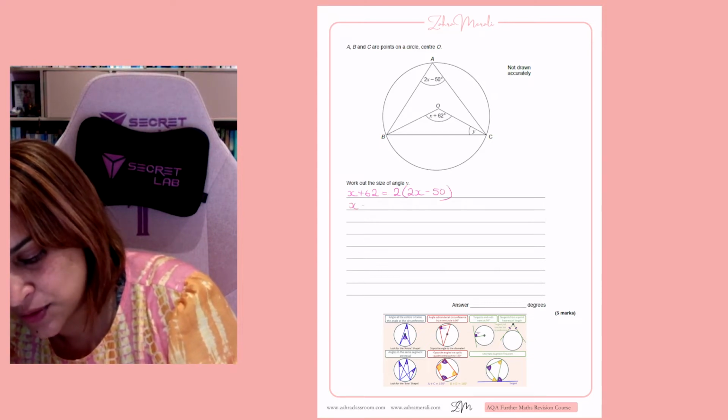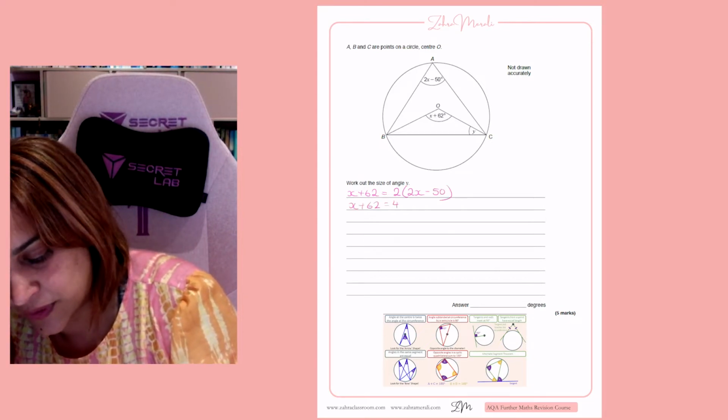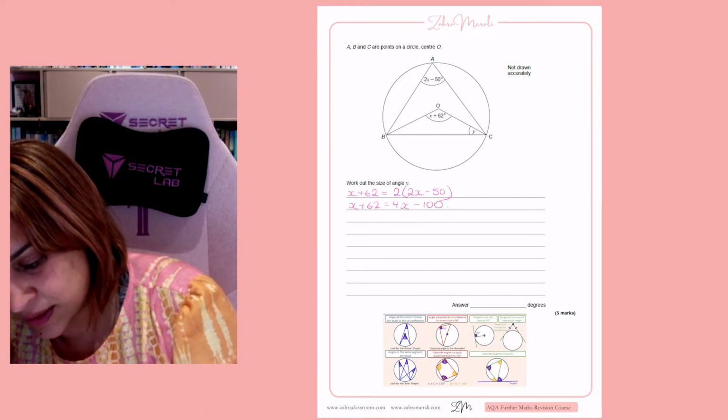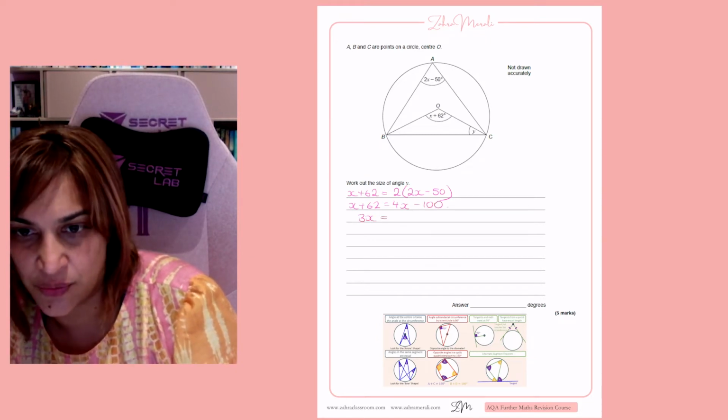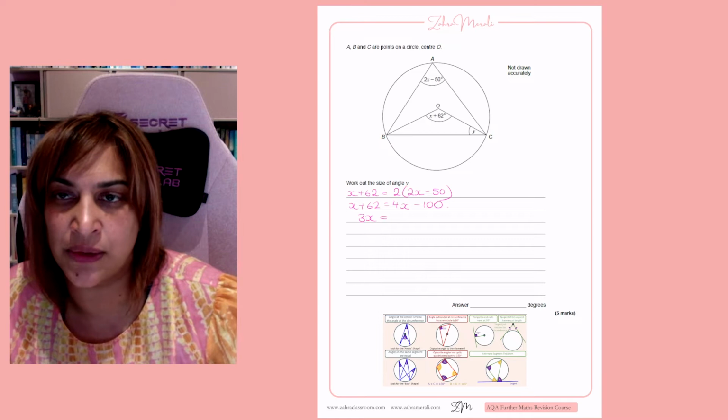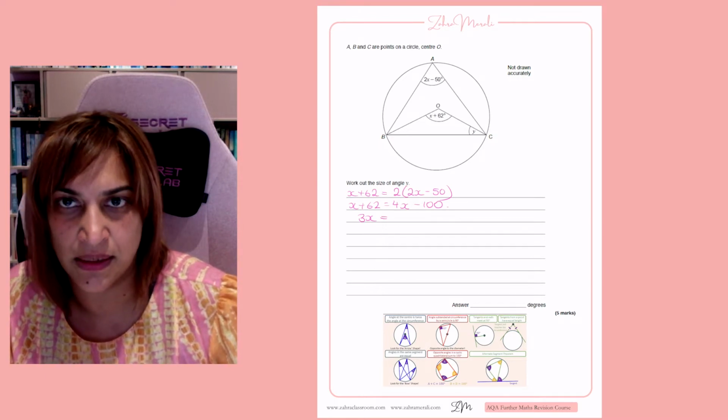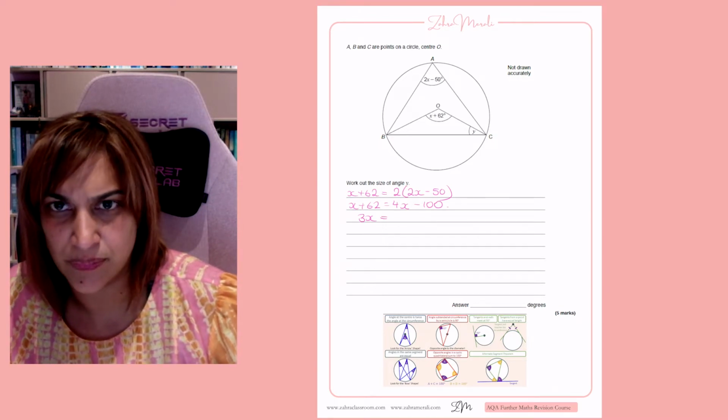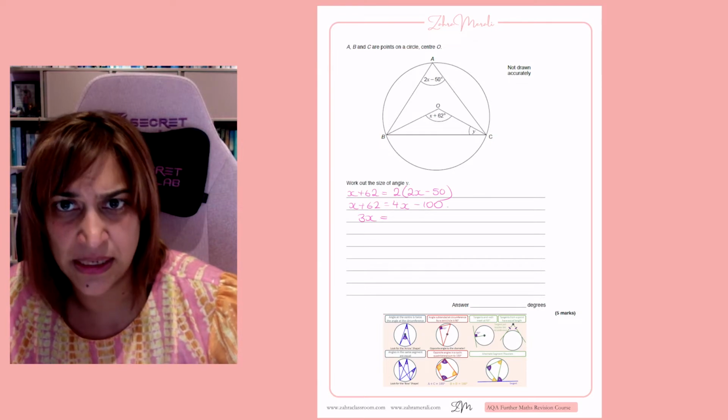So if we open this all out, we'll be able to solve this. We'll get 3x equals, and we'll be able to solve it 4x. So that's what we're going to start by doing.